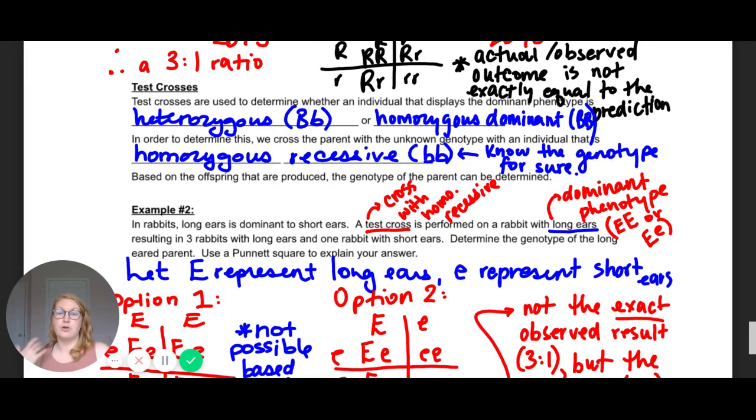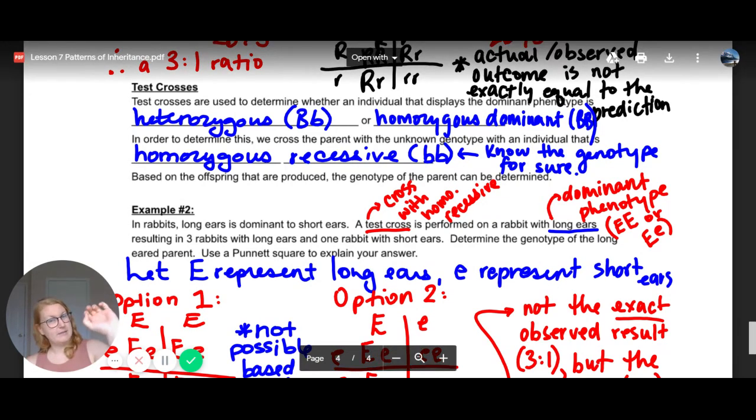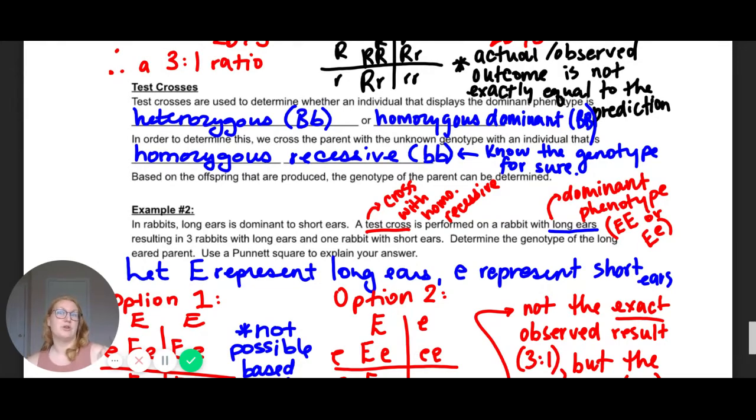So in order to determine this, we will take a parent with an unknown genotype whose phenotype we can see is dominant, and we will cross it with a homozygous recessive individual. The reason we do this is that the two small case Bs, we know for sure what their genotype is, because if they had a capital allele in there, a dominant allele, it would give us the same problem once again. We wouldn't be sure what their genotype was.